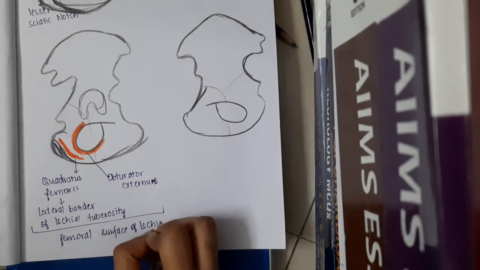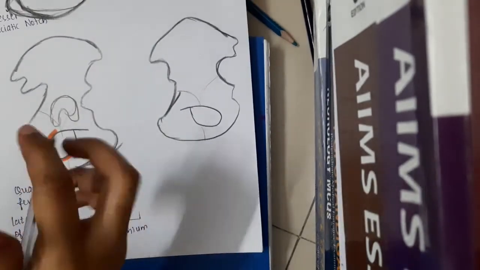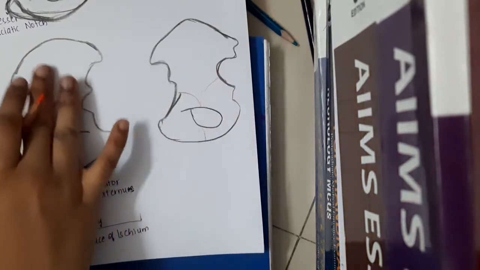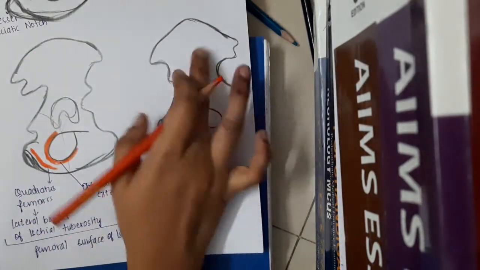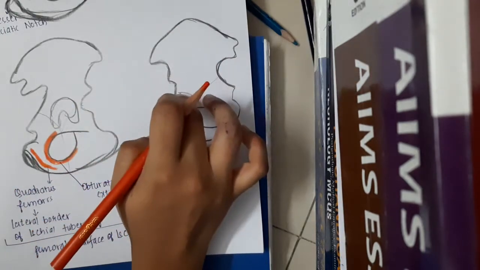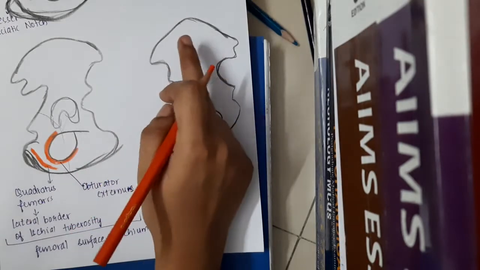Then we have the dorsal surface of ischium. It is continuous above with the gluteal surface of ilium. This is the gluteal surface of ilium, and here you have the dorsal surface of ischium, which is continuous with the ilium.